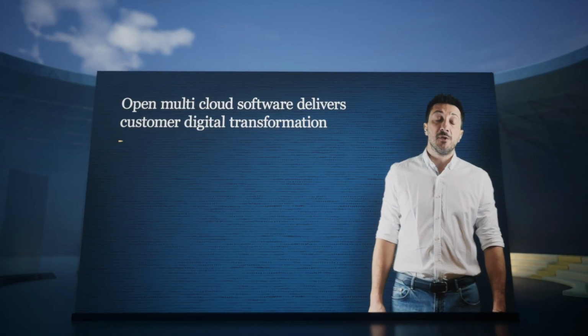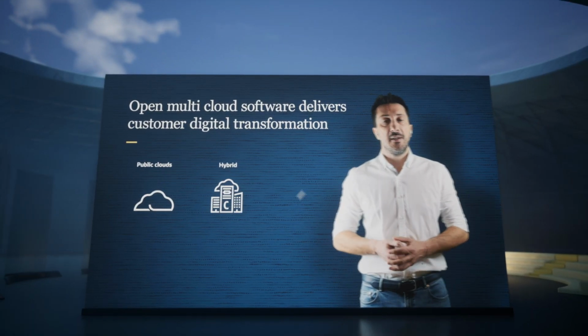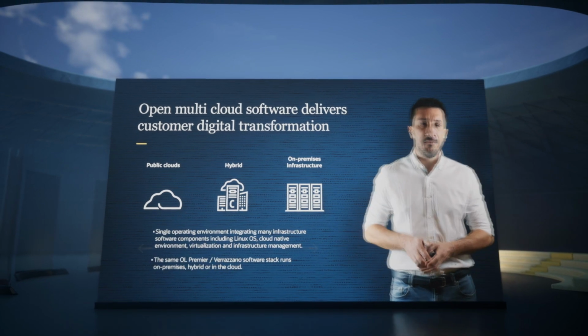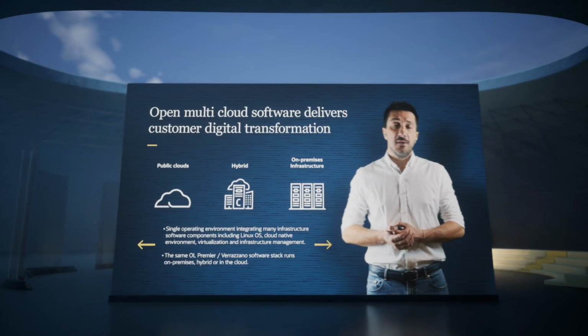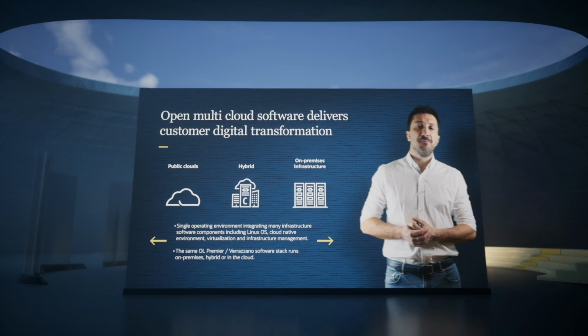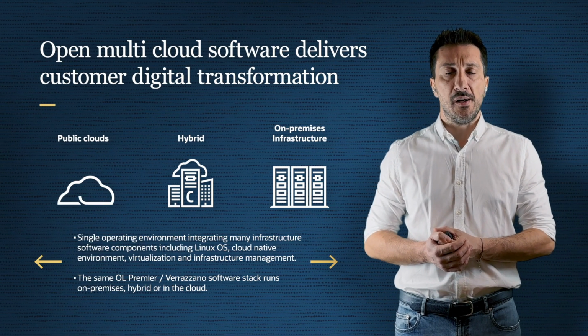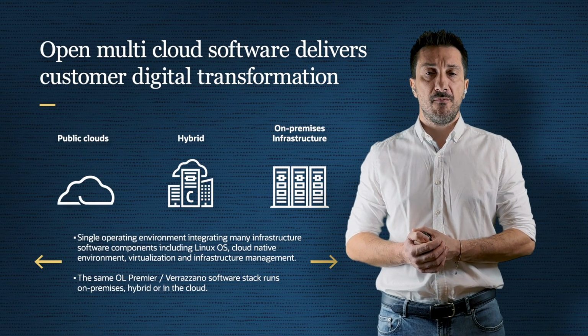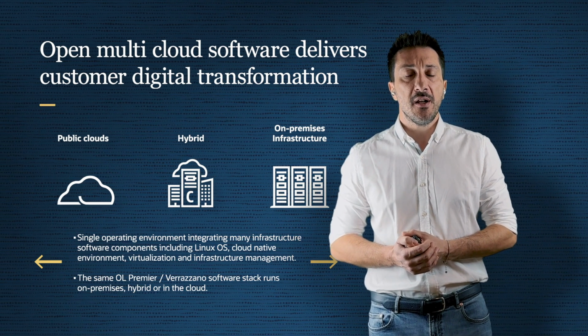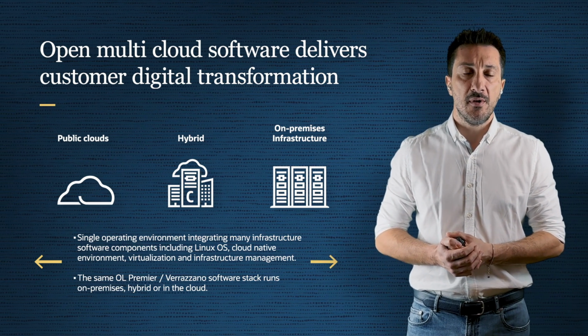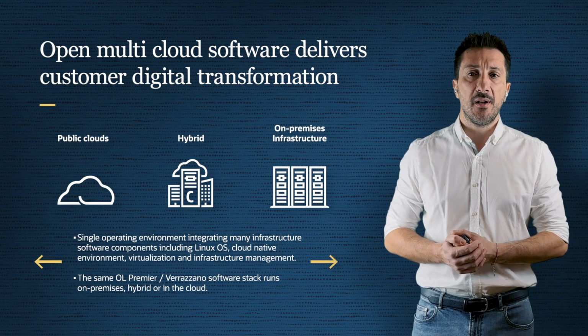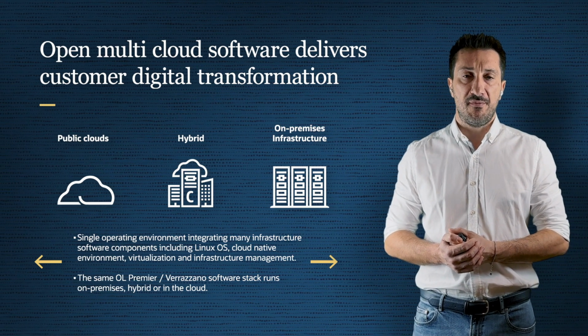So, first of all, we have to start with Oracle Linux and Oracle Cloud Native environment. Oracle Linux and Oracle Cloud Native environment are the infrastructure layers that could be unique and always the same on the public cloud, on the hybrid cloud, as well as on-premises infrastructure.